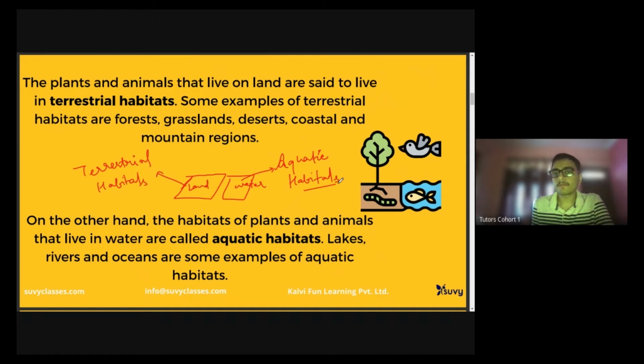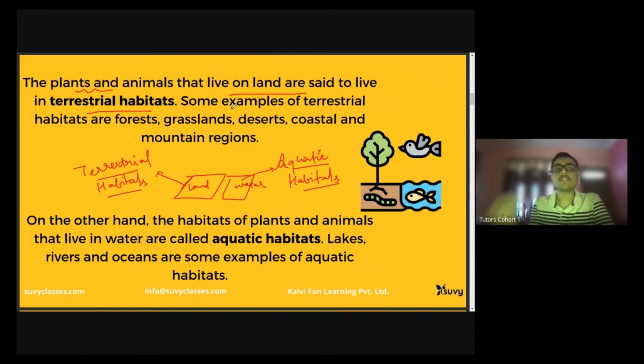Terrestrial habitats are our habitats. For example, human beings do not live in water, we live on land. So we are terrestrial animals. Our habitat is terrestrial. The plants and animals that live on land are said to live in terrestrial habitats.